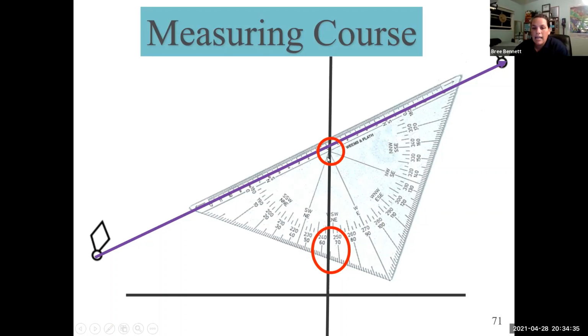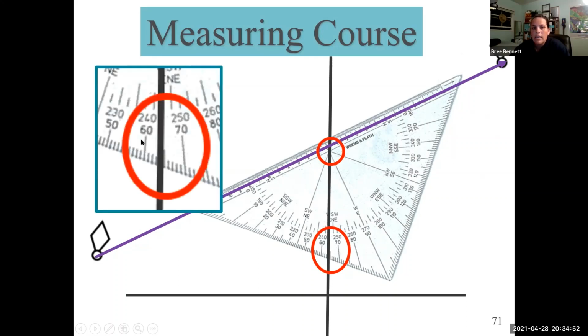If you line that up on a vertical line, then at the other end of the vertical line, you can measure the direction of the line. So this is about 60, if you look at it close, it's about 65 degrees. So from here to about there, it's about 65 degrees. That is your triangle. Again, I will show you how to do that on the chart.